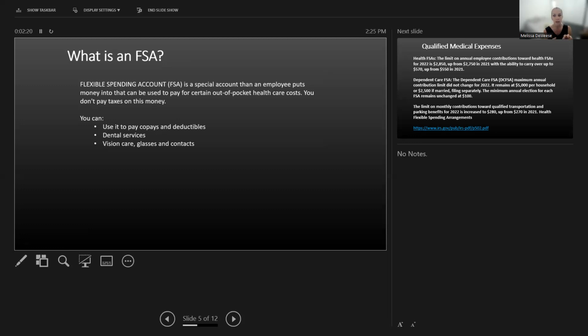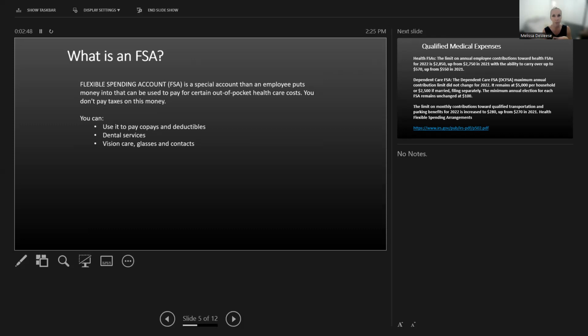So it gets set in this separate account, and the amount that they elect is available to them immediately. For example, if an employee decides they want $2,000 in their flexible spending account, that would be broken up over the entire year. So let's say they're paying $100 per paycheck into an FSA. However, the grand total is available immediately.